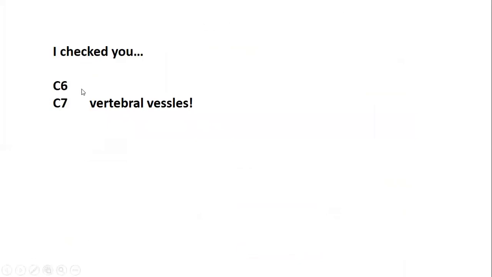And during the class, you had the trick. I tried to check you. So if you've got the C6 vertebra and you've got C7 vertebra, here you've got the transverse processes, and inside the transverse processes.